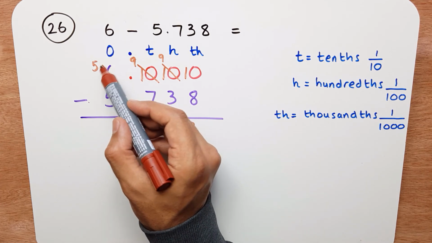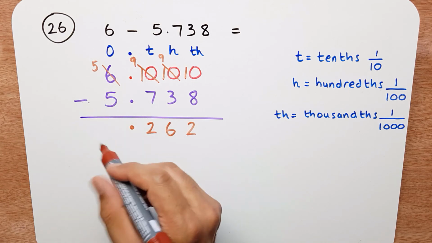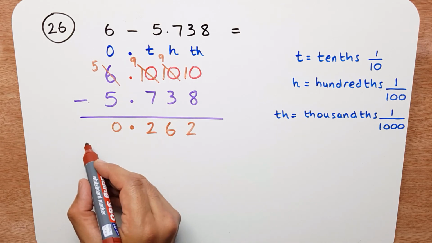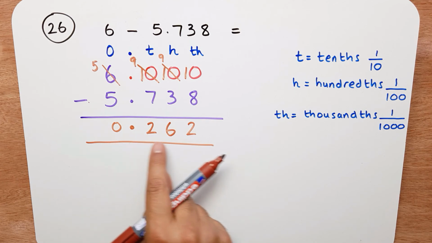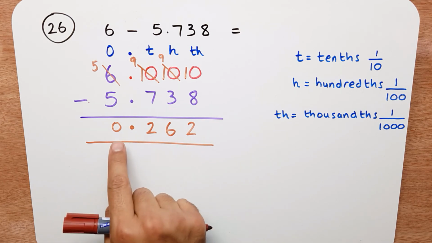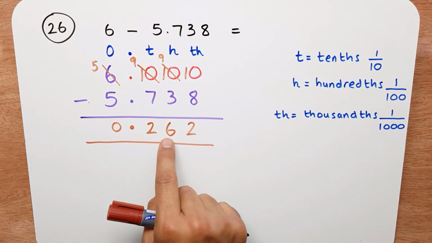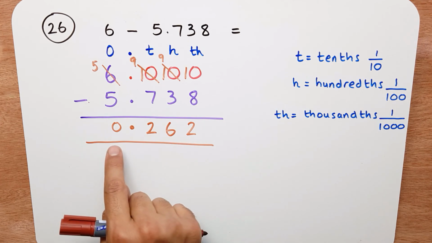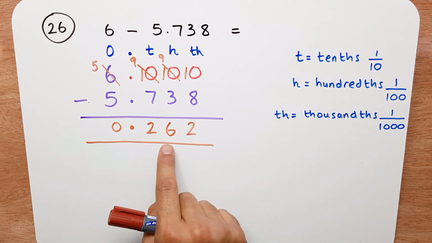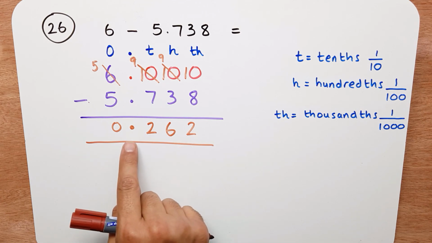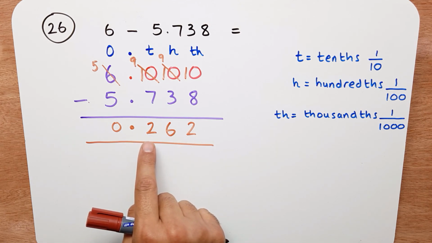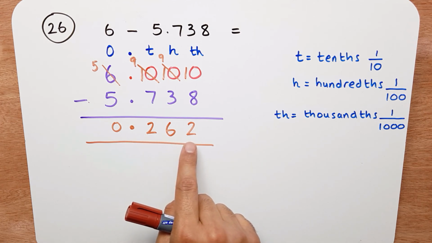And finally in the ones column we have 5, take away 5, which is simply 0. So now this is our number. Now our answer is 0.262, and try not to read it as naught point two hundred and sixty-two. After the decimal point, read these as individual digits.